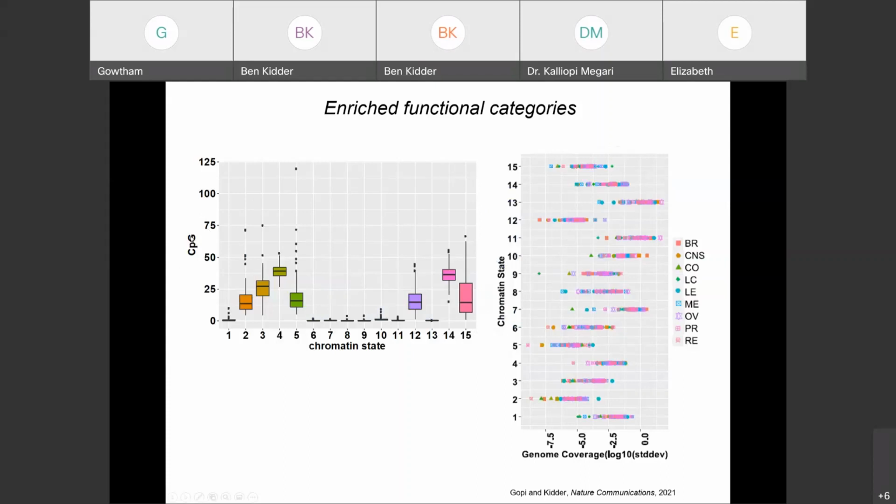For example, we can see CpGs are enriched in these states shown here, which most likely indicates a greater presence of CpG islands in these specific chromatin states. And then we can also look at relative genome coverage. Across these 15 states, we can see the relative coverage for each of these 9 types of cancers.